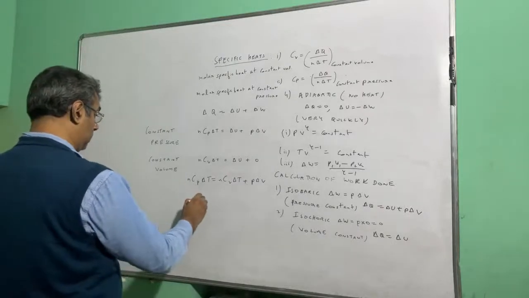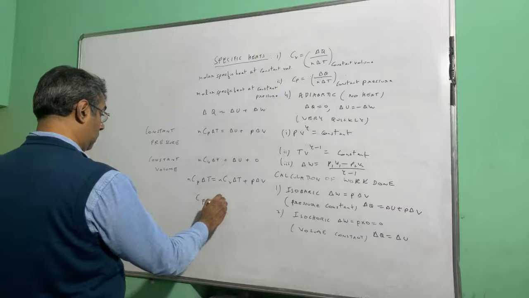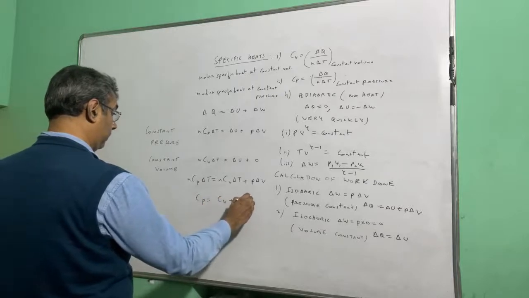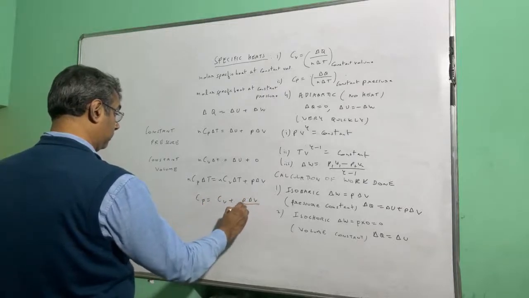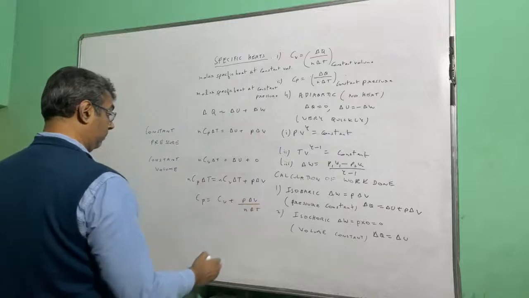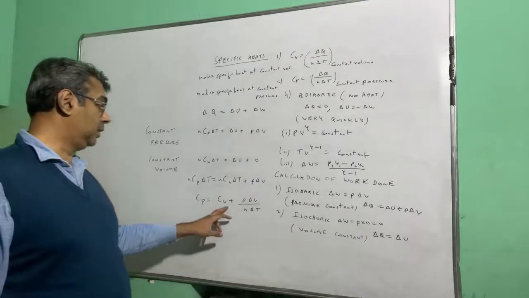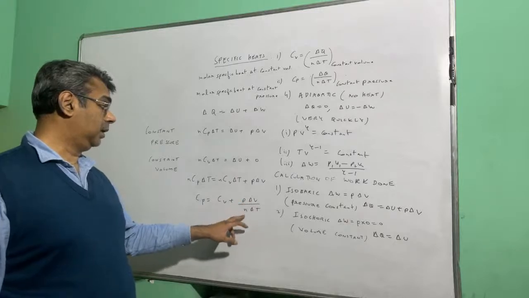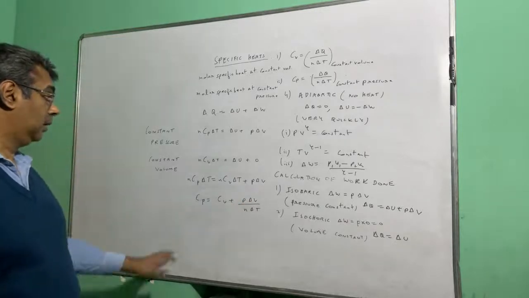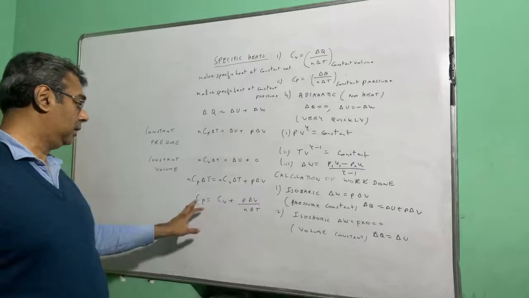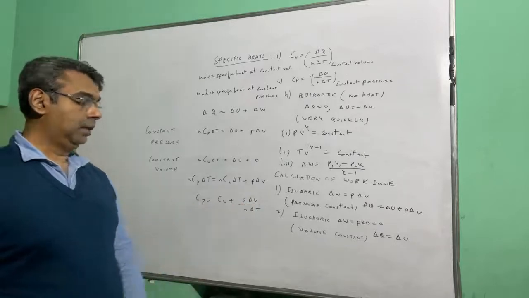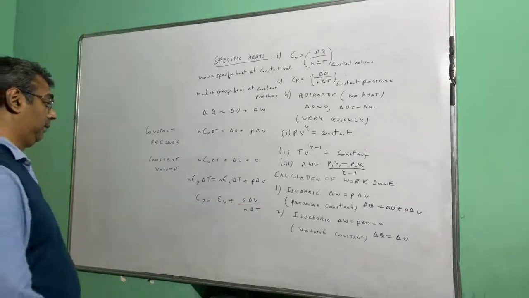Now divide both sides by n delta T. So Cp is Cv plus P delta V by n delta T, right?